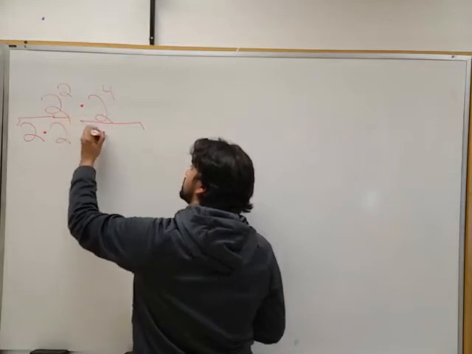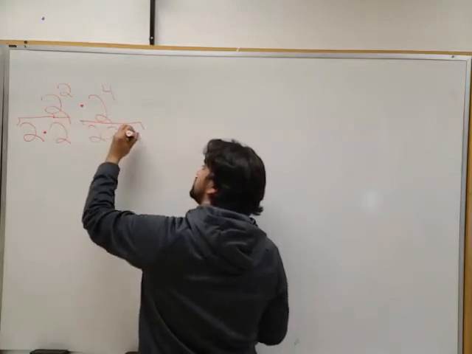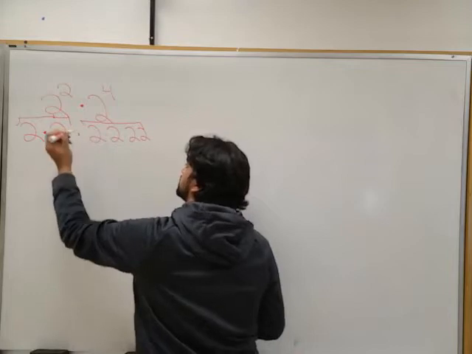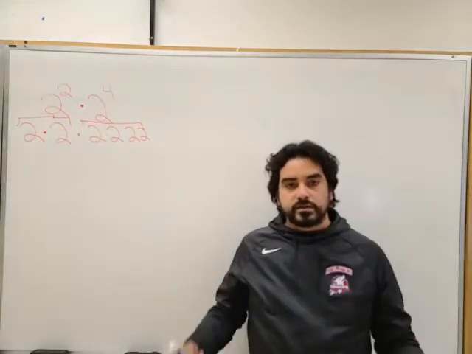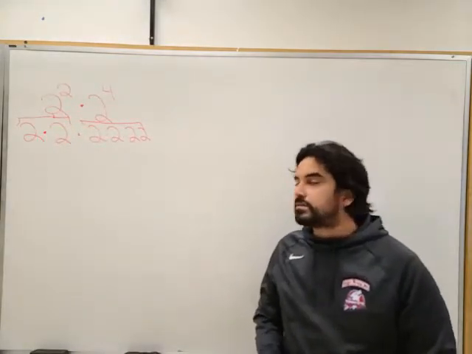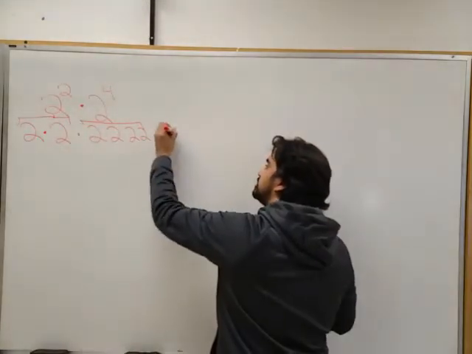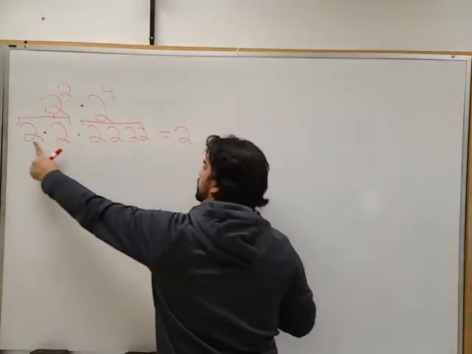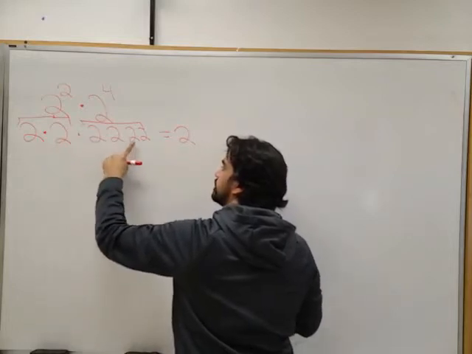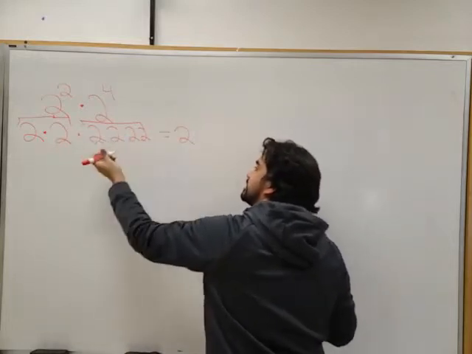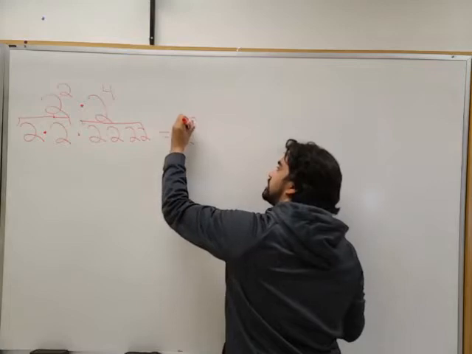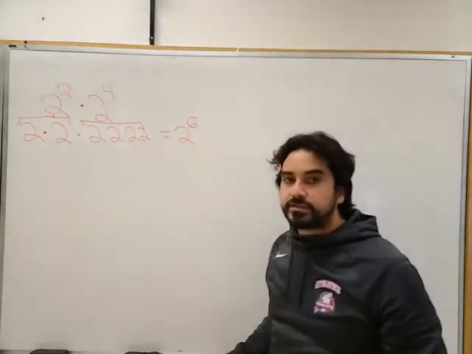So 2 times 2 times 2 times 2. Now, let's go ahead and count the bases. Since they're all 2, my base is 2, and I have 1, 2, 3, 4, 5, 6, 6 2's being multiplied, so it would be 2 to the power of 6.